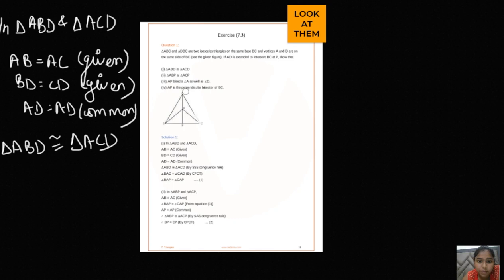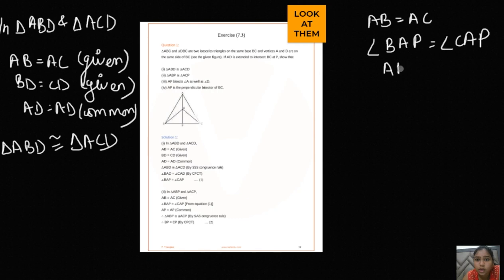AB is equal to AC, angle BAP is equal to angle CAP, and AP equals AP common. So triangle ABP is congruent to triangle ACP, right? This is the second part.